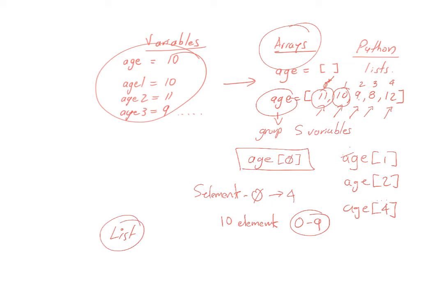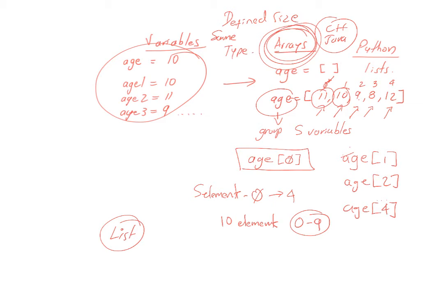Why is a list different than an array? Because in an array, first, the size of the array is fixed. In other programming languages like C, C++, Java, this structure has a defined size, so you can no longer change the size once you create the variable, and also they have to be of the same type.